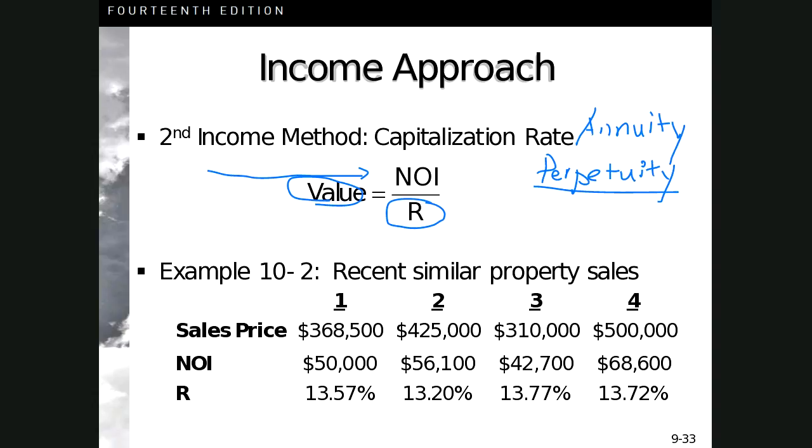What kind of example can you make for perpetuity? Typically, the perpetuity that we talk about is more like a preferred stock that pays you a fixed dividend for an indefinite amount of time.